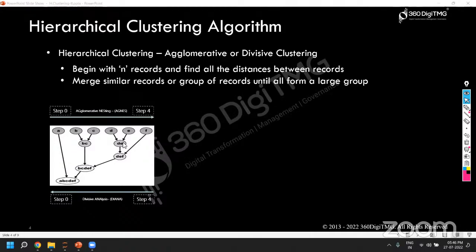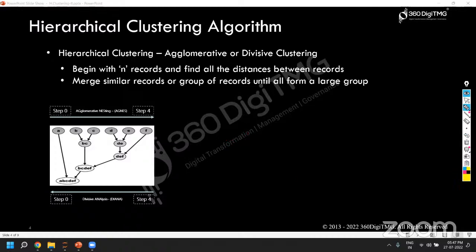This is called a dendrogram. And using the dendrogram, we will group the records. For example, if I flip this entire visualization, it is easy for us to understand.